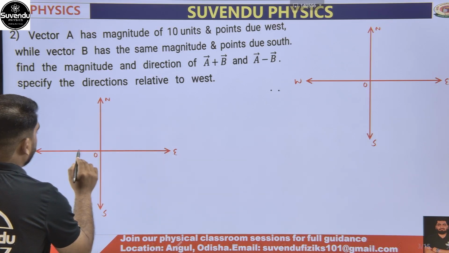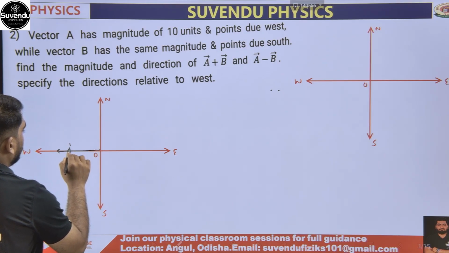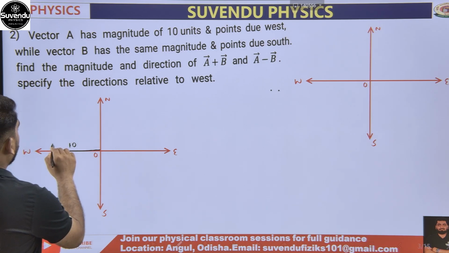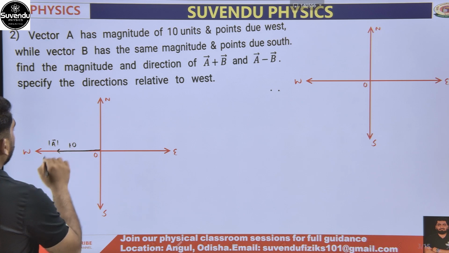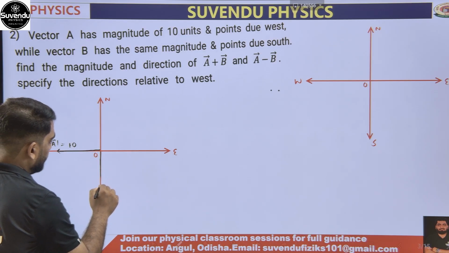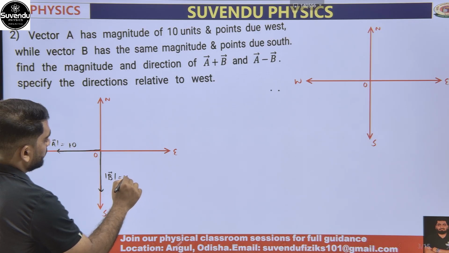Let it be the A vector. This is the A vector mod, 10 units. And the B vector has the same magnitude, that is 10 units, and points due south. This is your B vector. The B vector magnitude is also 10 units.